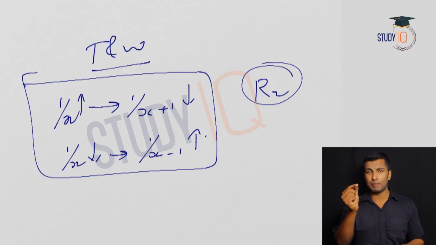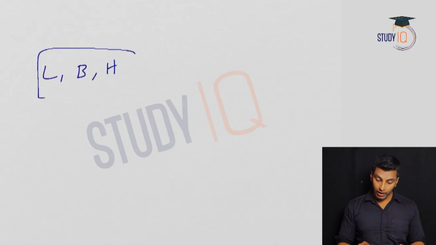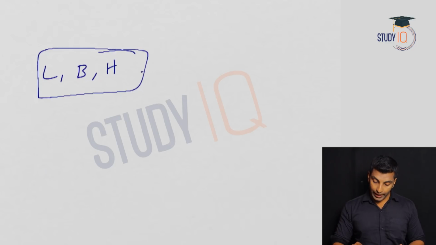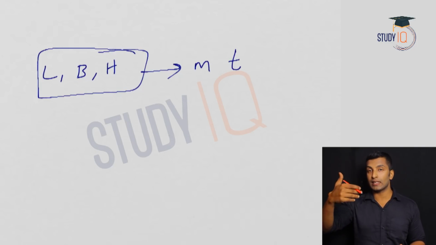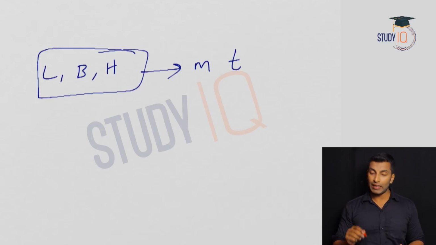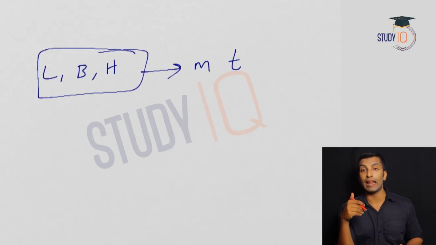So let me start with a specific question. You will get questions like building a wall or constructing a wall, and you will get the length, breadth, and the height of the wall, and you will also get the number of men required and the time each person is working. So you'll get questions like 10 men are working 10 hours per day.